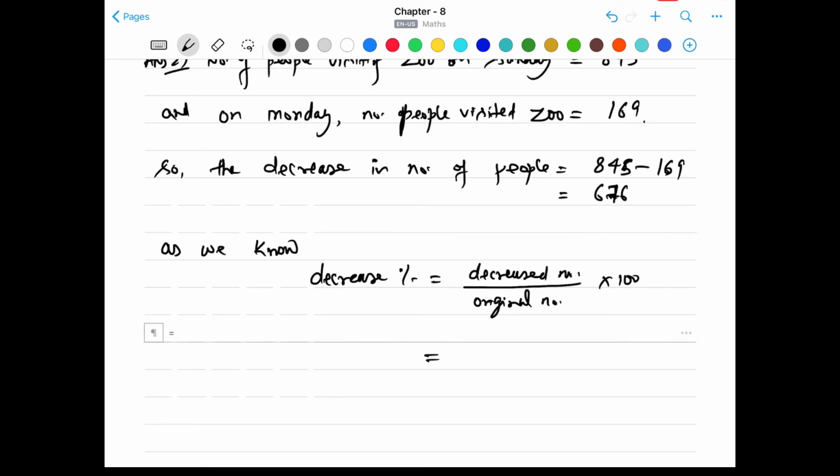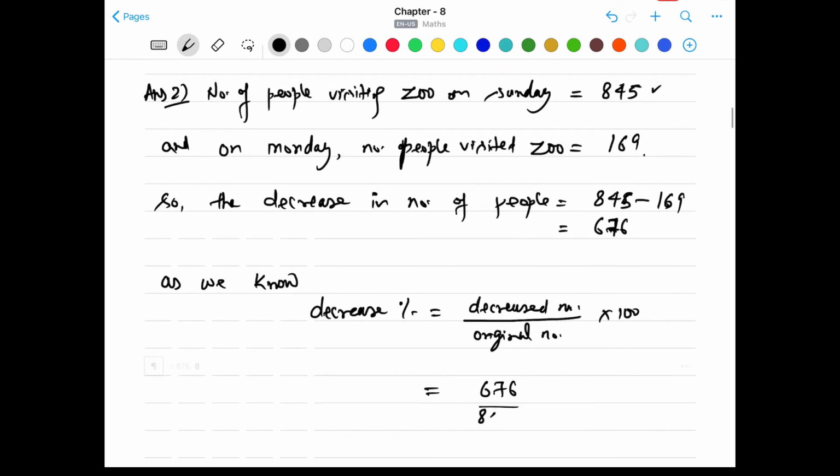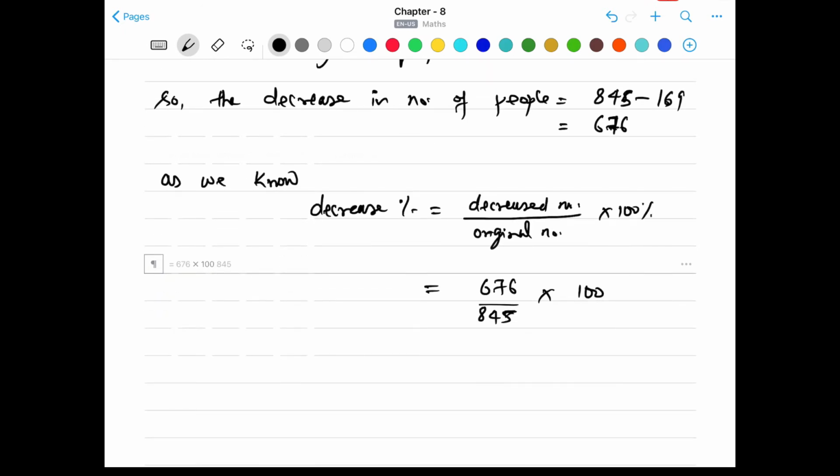So the decrease in the number is 676 people. Originally the people who visited on Sunday was 845, into 100%. Okay, now we have to solve this. When you solve this, you will get the result as 80%.